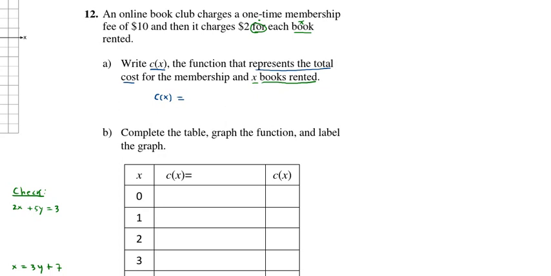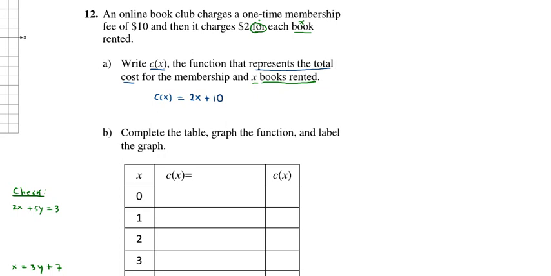And to find the total cost, we need to add these costs: the membership fee and the cost for renting the books. 10 plus 2x, which is the same as 2x plus 10.